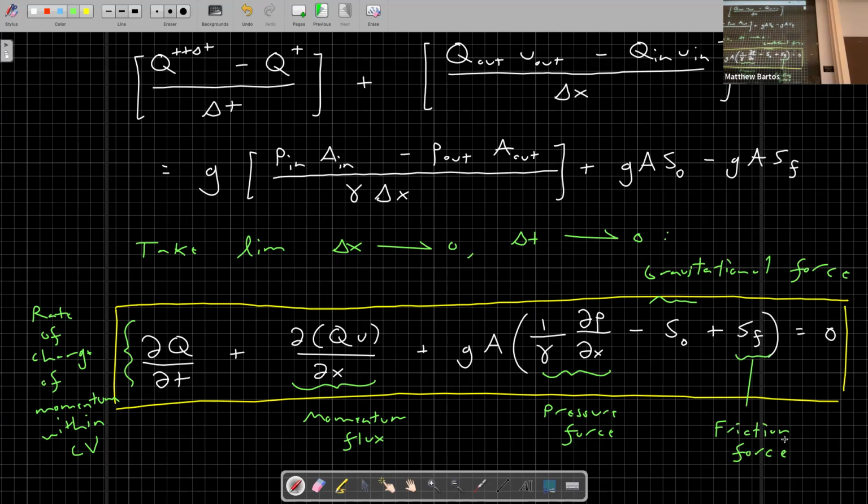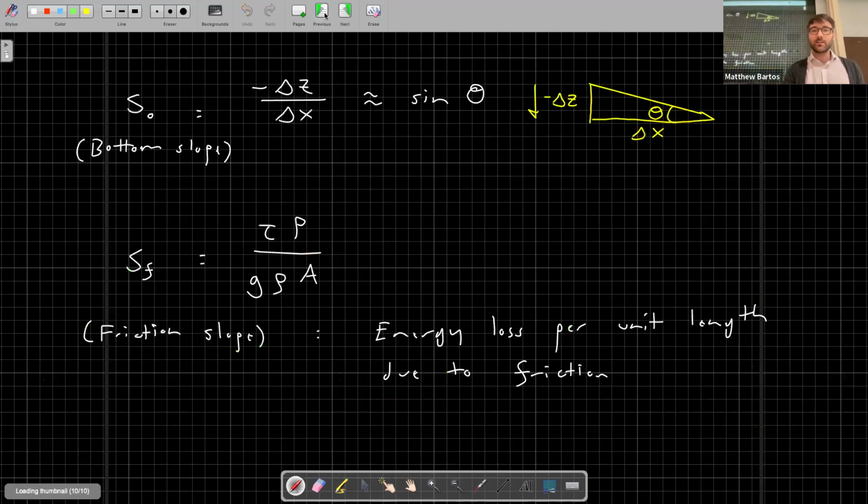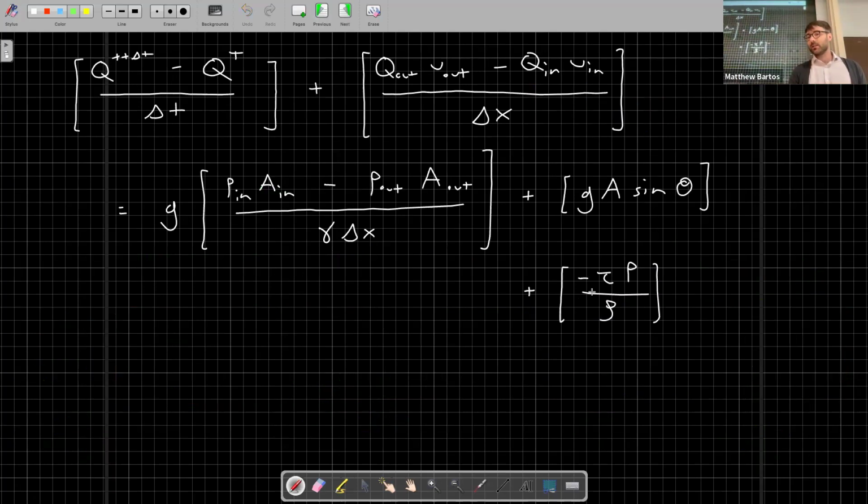Question about the signs for the friction force. Did it change to positive from negative somewhere? Up there it's minus P A S. Right, so the bottom slope and friction slope will generally have different signs, but I believe it's because this quantity here had a negative sign in it.